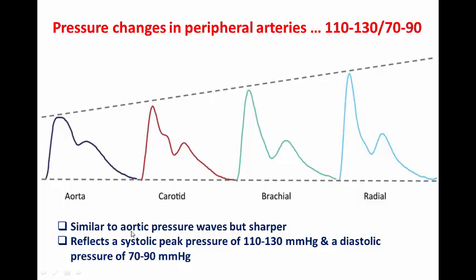So we have pressure changes similar to the aortic pressure waves, but the changes are sharper than the changes which we have in the aorta, and this reflects a systolic peak pressure of 110 to 130 millimeters of mercury and a diastolic pressure of 70 to 90 millimeters of mercury.